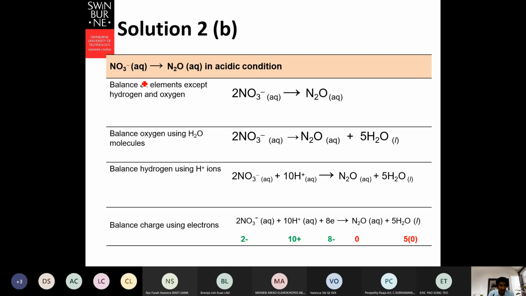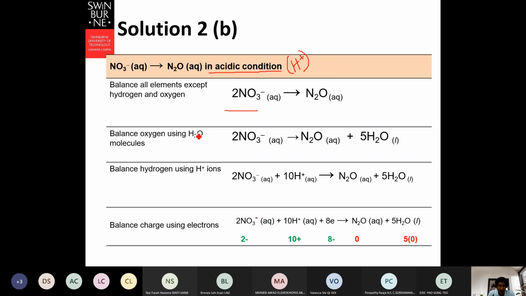Nitrate ion becomes dinitrogen oxide in acidic condition. Acidic condition means there are plenty of hydrogen ions. So when the nitrate ion is dissociating, how do you balance it?